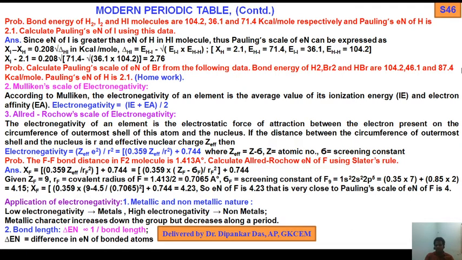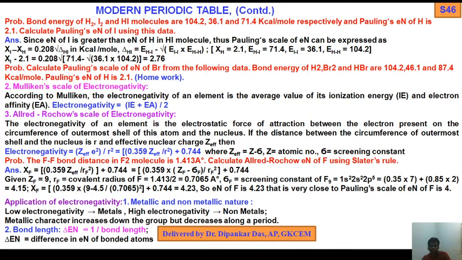Screening constant of F9. The electronic configuration is 1s2, 2s2, 2p5. As I told you, in the Allred-Rochow scale, electronegativity of an element is the electrostatic force of attraction between an electron on the circumference of the outermost shell and the nucleus.